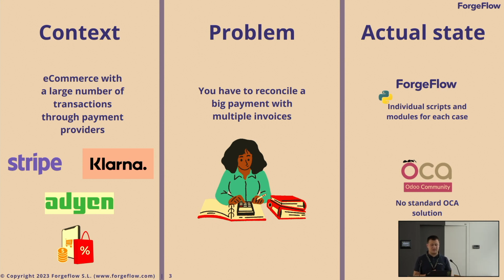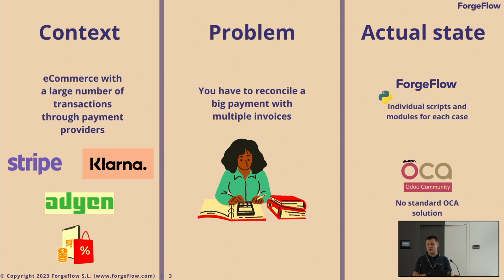So that means that you have a daily payment or a weekly payment with a very big amount, but you have little invoices for each client in order to be reconciled. So we need to automate this and create a pipeline between the individual invoices and the big payout of the week or the day.